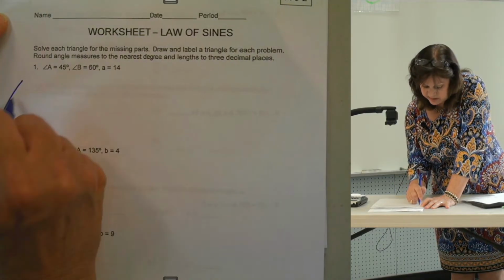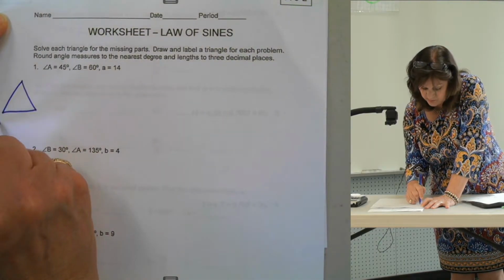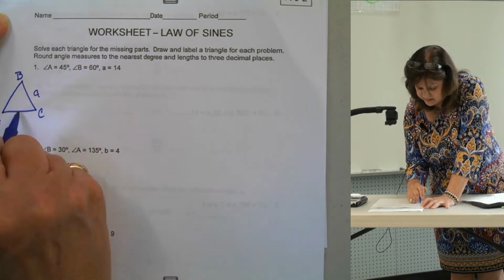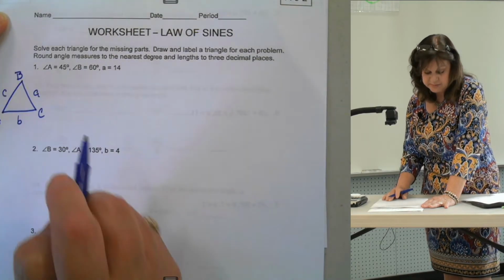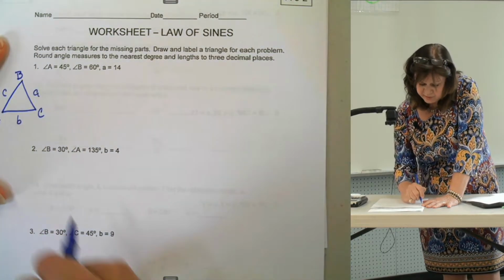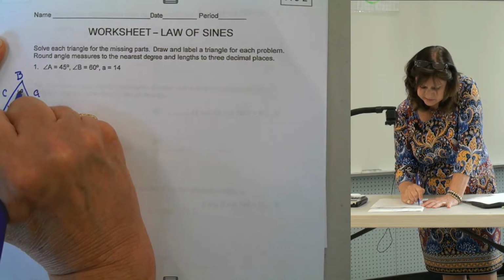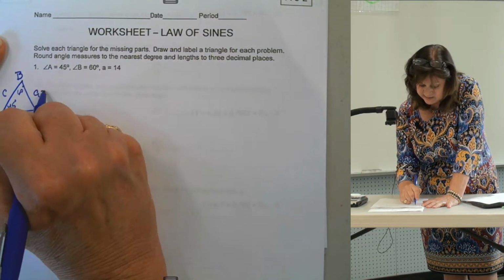So I have triangle ABC. Side A, side B, side C. I know that angle A is 45 degrees, angle B is 60 degrees, and side A is 14.